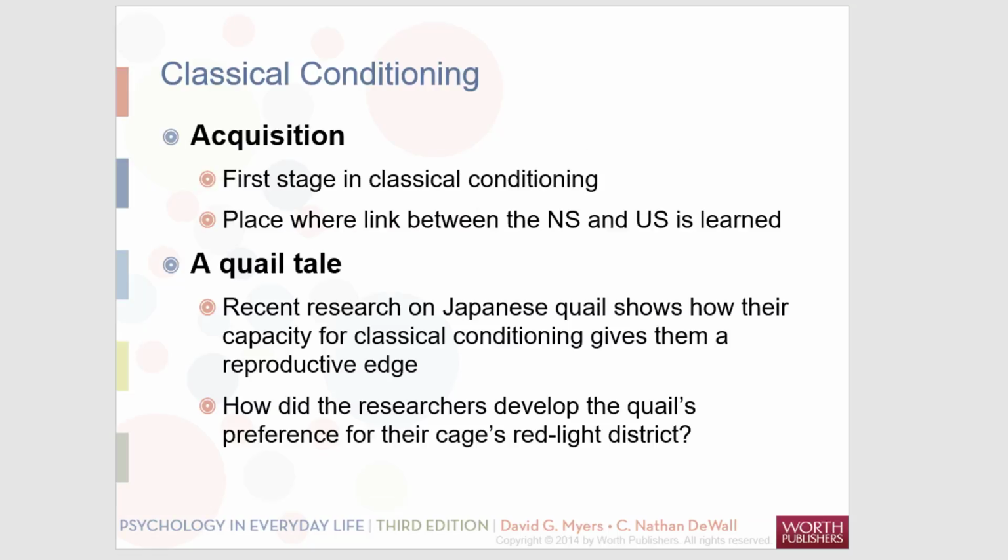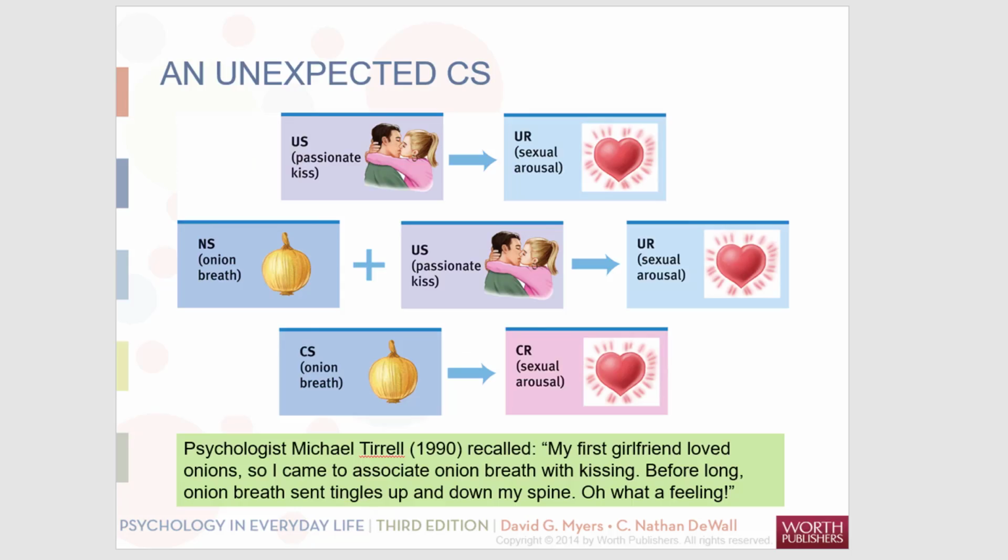Acquisition is when we first learn classical conditioning. This is where the association between the neutral stimulus and the unconditioned stimulus is learned. Look at these slides.